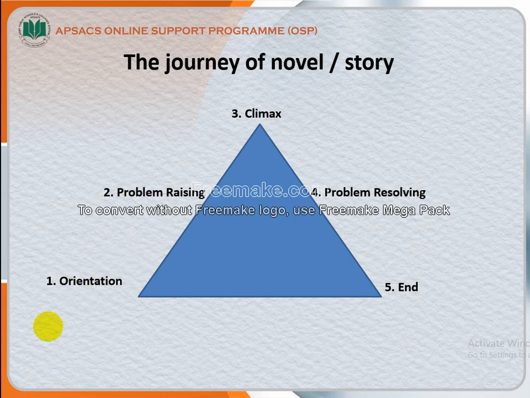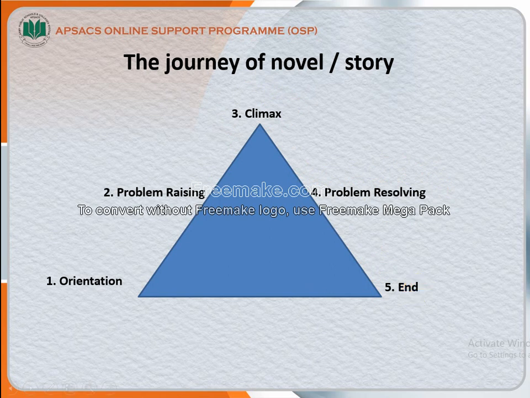Come to number 2, we can see here the problem rising in the middle of the story, and then we come to the climax. The climax is the problem at the peak. Then the hero comes to resolve the problem, and it is called falling action. So the problem resolving is number 4, and we come to the end, which may be a happy ending or a tragedy. Tragedy is a sad ending.